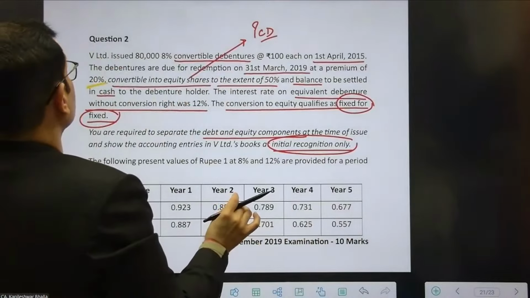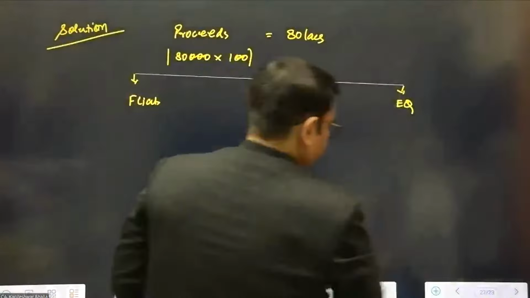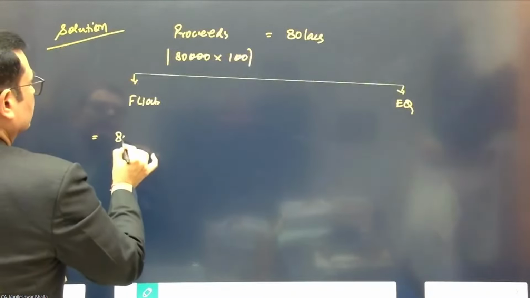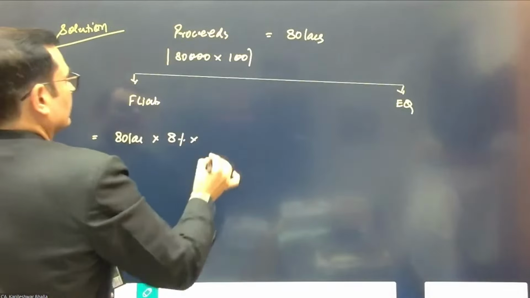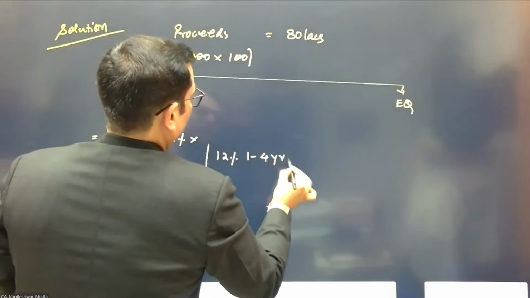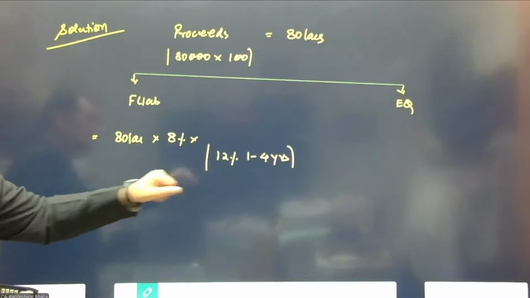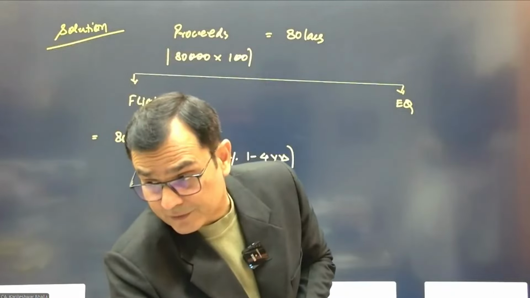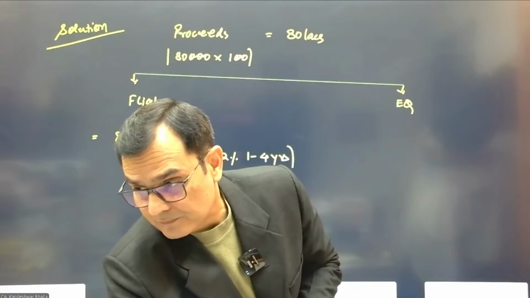The interest in this particular case is paid at the rate of 8%. So my financial liability is on 80 lakhs. There will be 8% interest, and this will be discounted at the rate of 12% for a period of 4 years. My rate of interest on a non-convertible instrument is supposed to be 12%. So we're going to discount things at the rate of 12%.